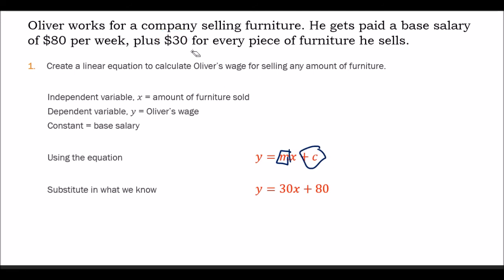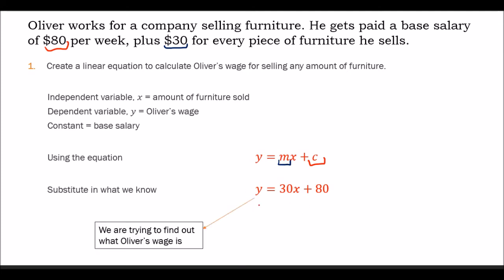Let me make that a bit more clear. So m is this piece of information right here, and for the c, or the constant, it's this information here. So you're only really changing two numbers in the formula, the m and the c, the gradient and the y-intercept.